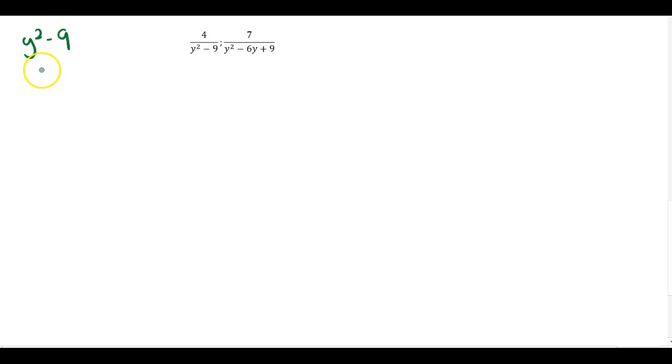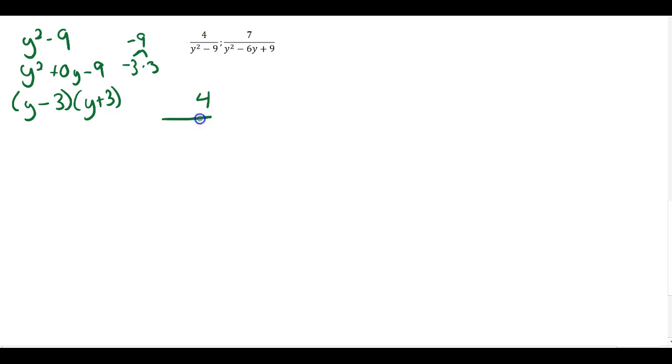If you need to, remember, you can put a plus 0y in there, and then find factors of negative 9 that add up to 0, which would be negative 3 and positive 3. You could do factor by grouping, or since there's no leading coefficient, I can do y minus 3, y plus 3. So this is the denominator for this.